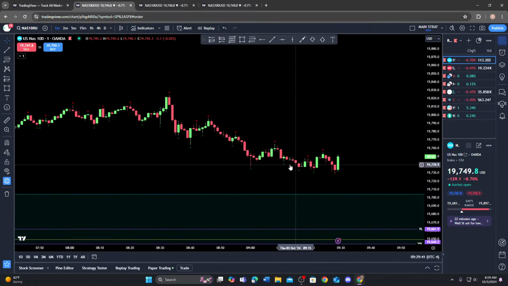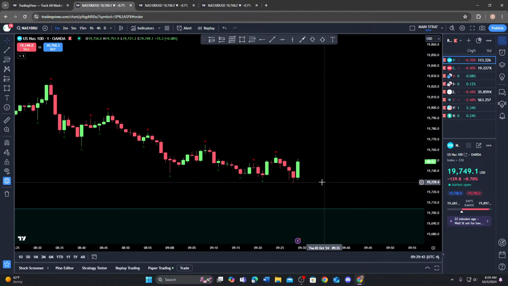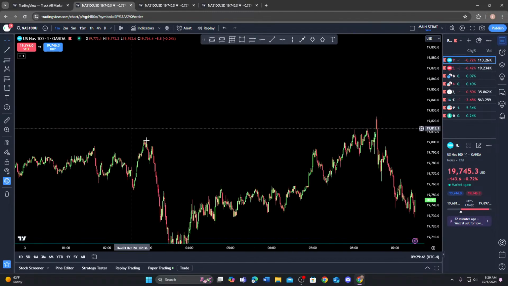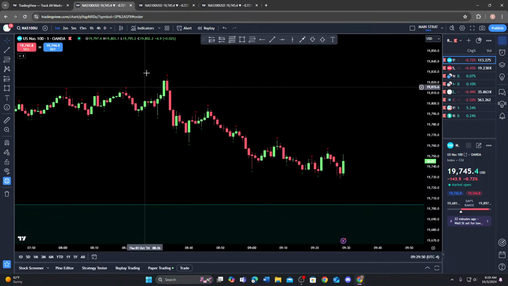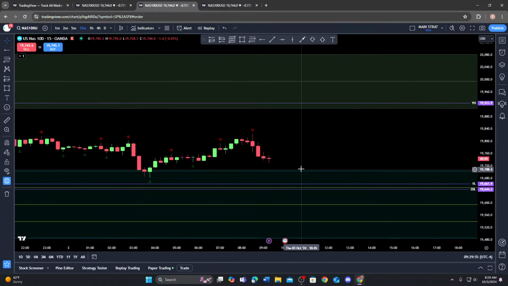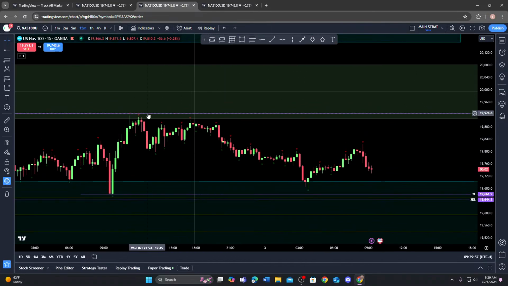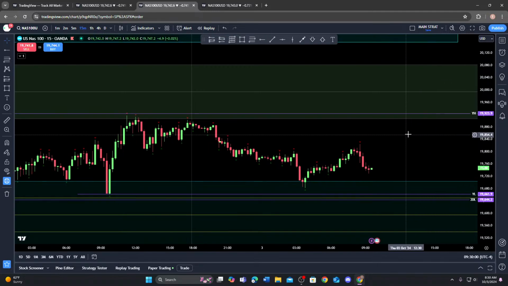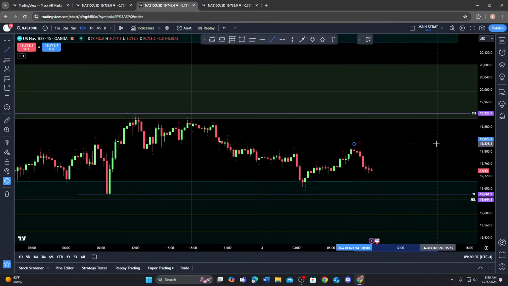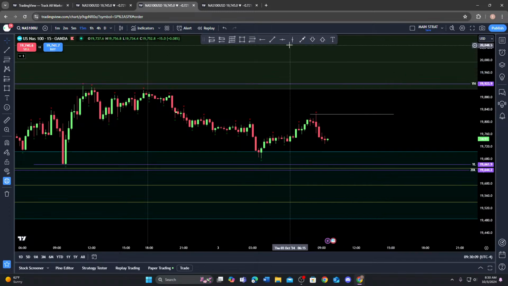So it is 9:29. We have buy side resting above yesterday's high, and then we have minor buy side here, and then we have sell side here, here, and here.